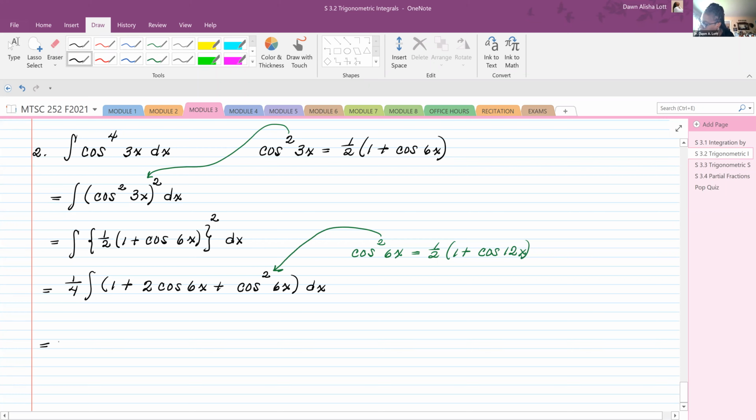So now I have 1/4, 1 plus 2 cosine of 6x, plus I have to put in here 1/2 plus 1/2 the cosine of 12x dx.